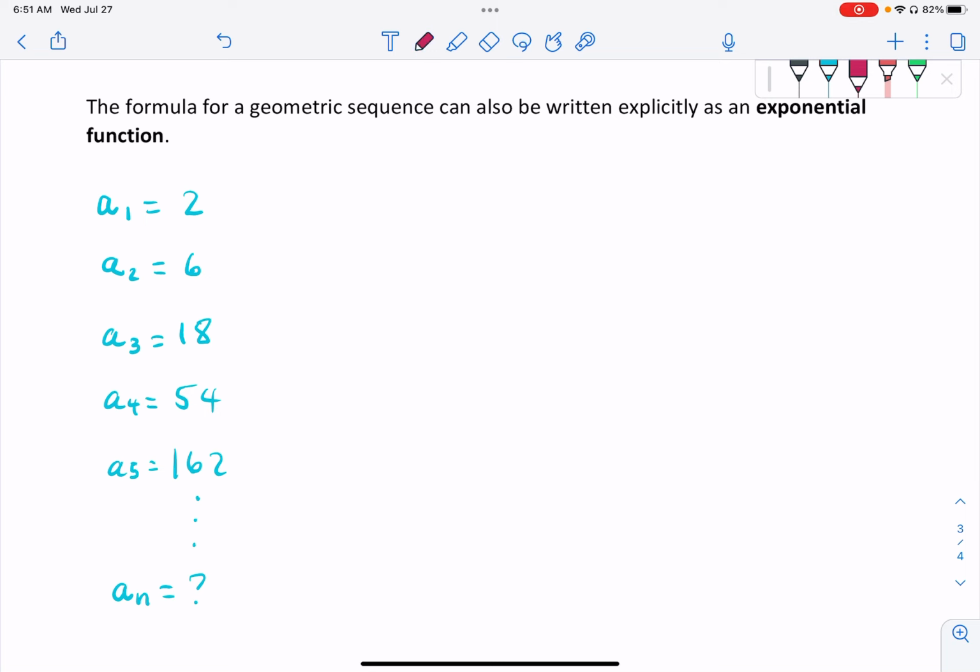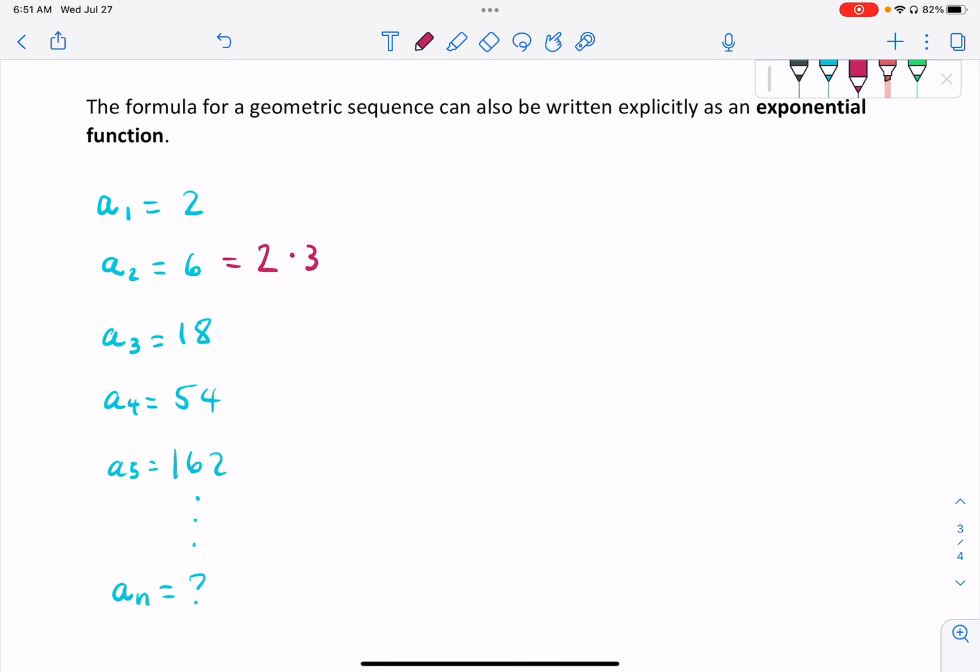So the 2, I can't do anything with that. But this 6 was 3 times, actually this time I want to flip it around. So 2 times 3.